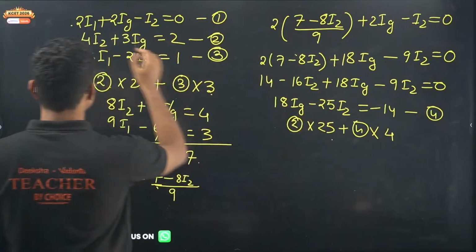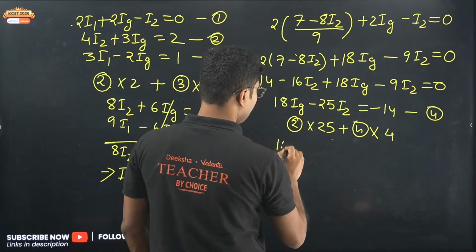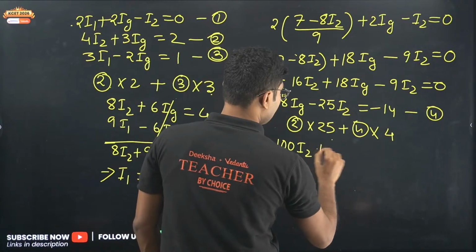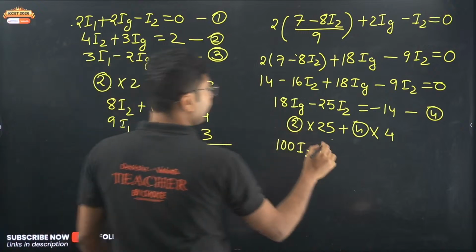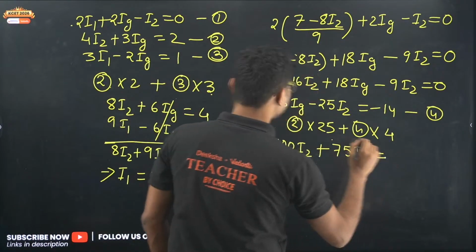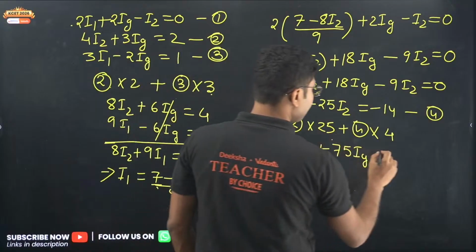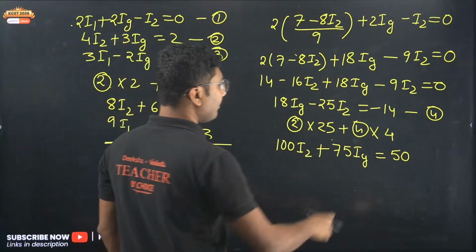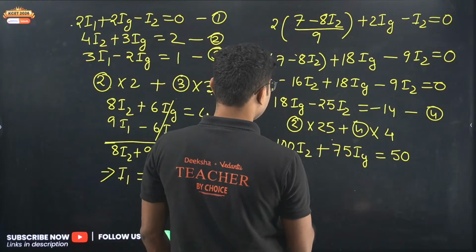So 25 into 4 is 100 I2 plus 3 into 25 is 75 IG equals 2 into 25 is 50.